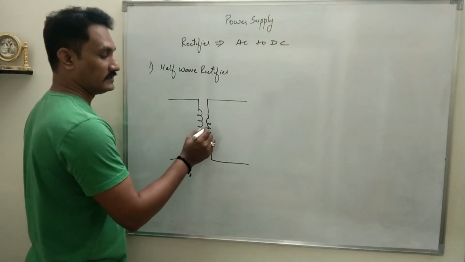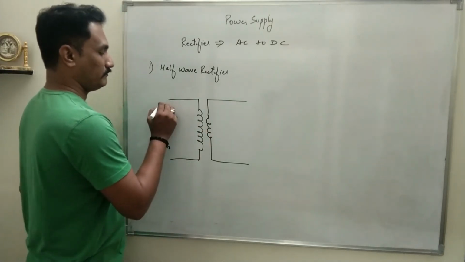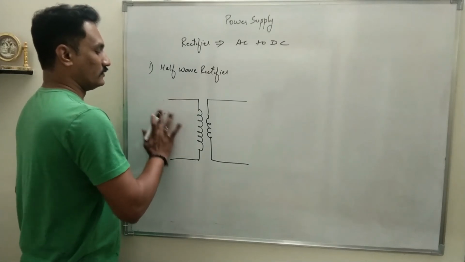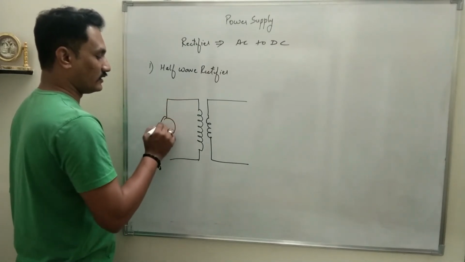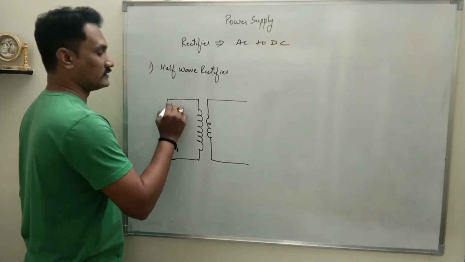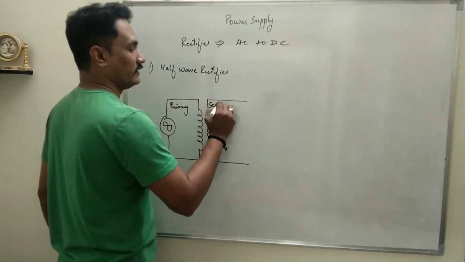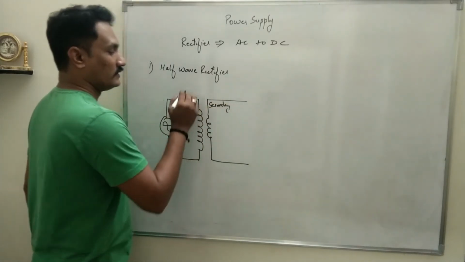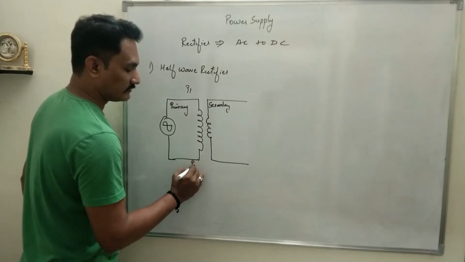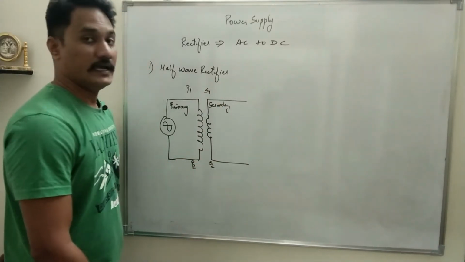So the number of turns in the secondary should be less as compared to the number of turns in the primary. The 230 volt AC signal will be applied across the primary. This is your primary and this is your secondary. The primary will be specified as P1 P2, the secondary as S1 S2.